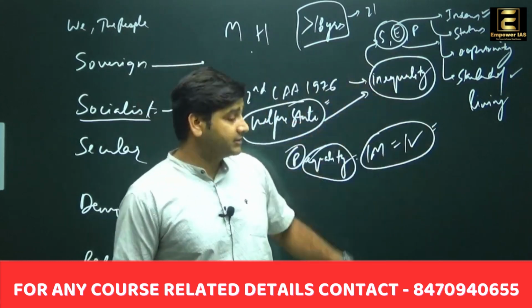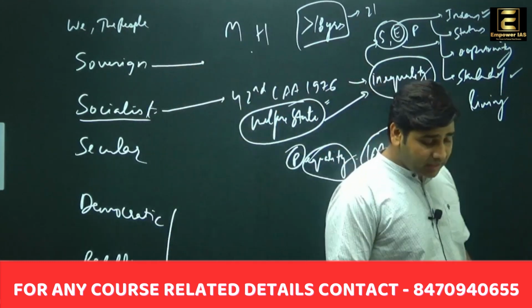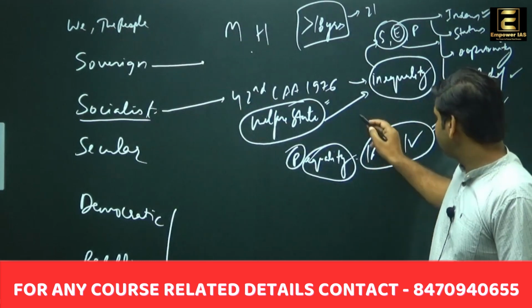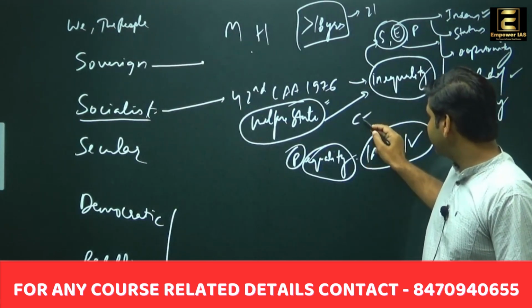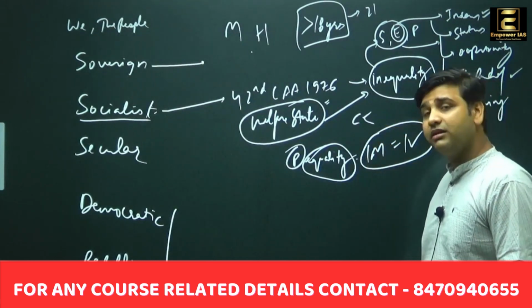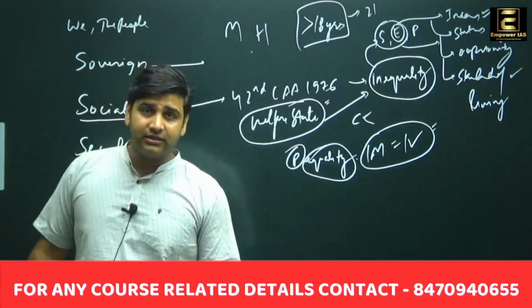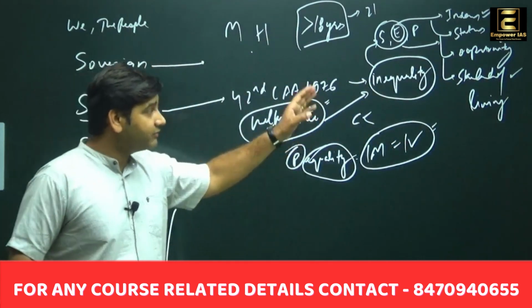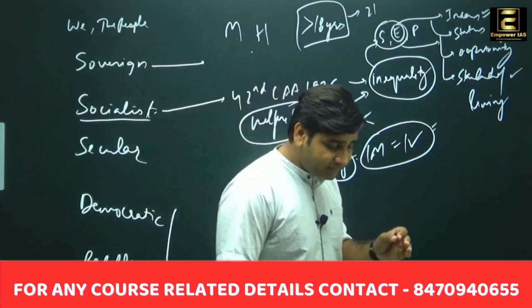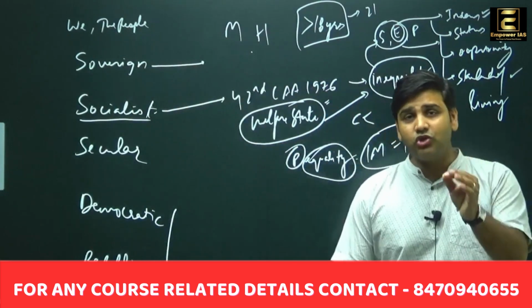The status, if let's say a clerk in a bank is a Brahman, and at the same time there is another clerk who belongs to the downtrodden class or is a Dalit, do they have the same status? Of course they have the same status, and it must be ensured.